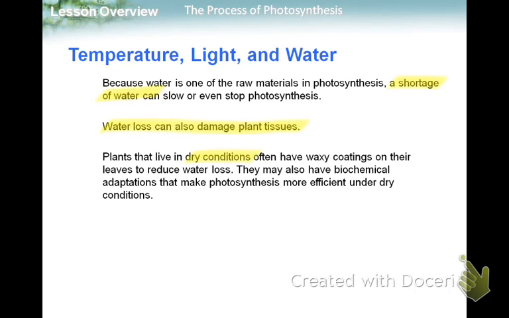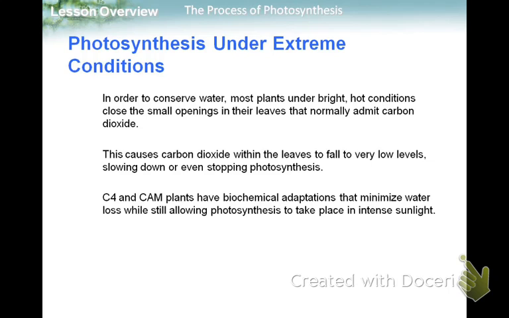Plants that live in desert conditions have waxy coatings on their leaves to help reduce water loss. They can also have biochemical adaptations that make photosynthesis more efficient in the dryness. Most plants under bright hot conditions close the small openings in their leaves that normally let carbon dioxide in. This causes carbon dioxide to fall to very low levels, which can slow down or even stop photosynthesis.